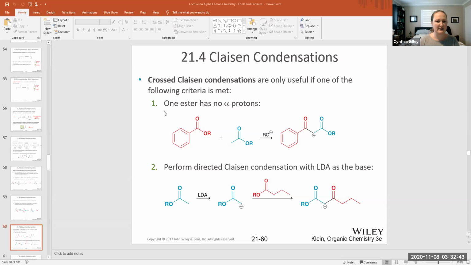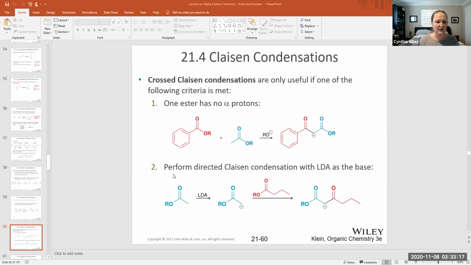The first one is that one of the esters cannot contain any alpha protons. So notice this is a benzylic ester, and the alpha carbon here does not have any hydrogens attached to it. That's going to be super important because this ester cannot form the enolate, right? And so only the other ester can form the enolate and proceed with the reaction.